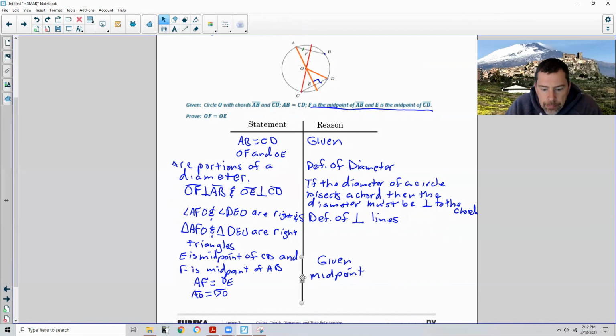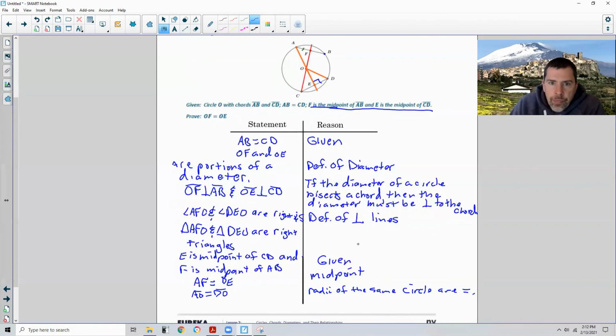All right. Why is AO equal to DO? Radii of the same circle are equal.